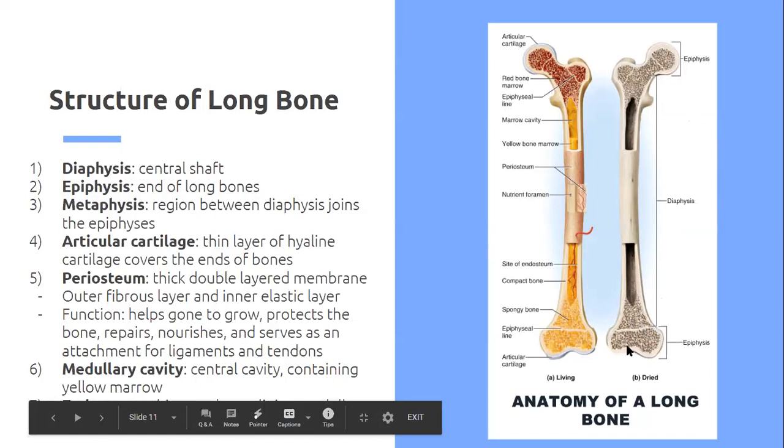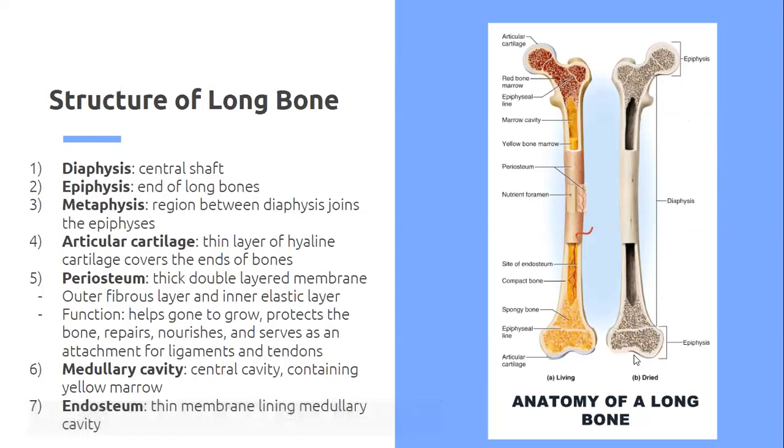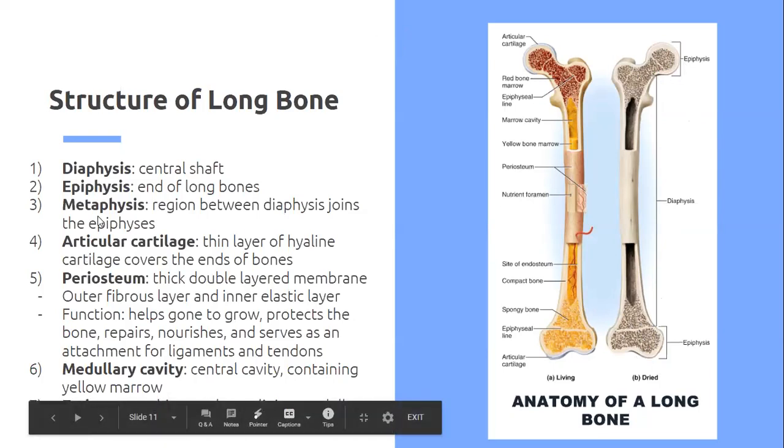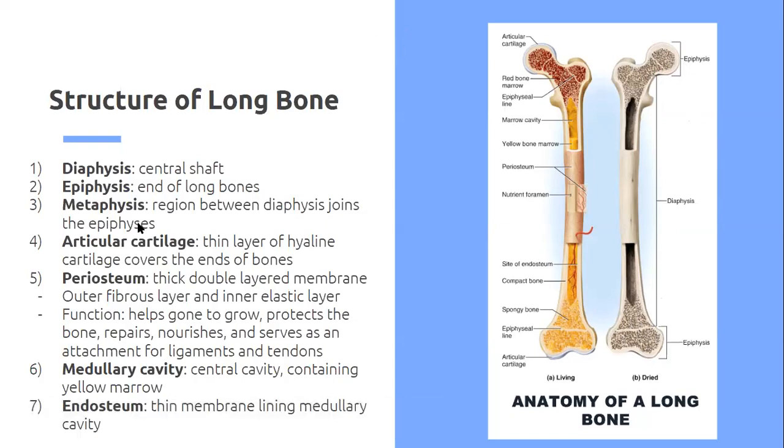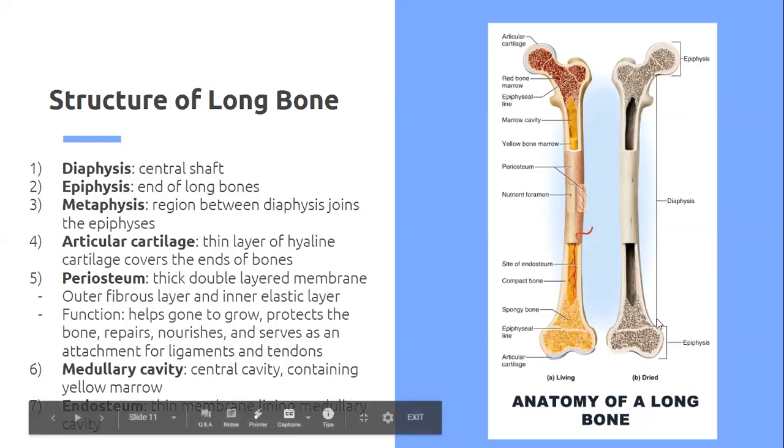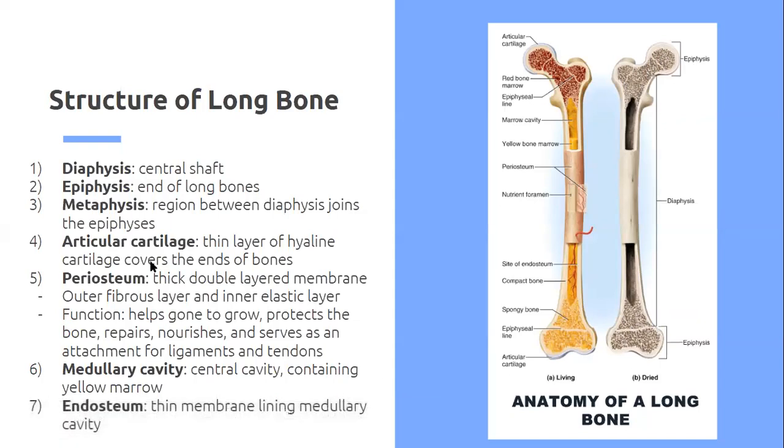And this probably attaches to the top of your foot, and those are also joints. Then we have the metaphysis, which is the region where the diaphysis joins the epiphysis. If this is the epiphysis and that's the diaphysis, it's somewhere here and here, just in between.